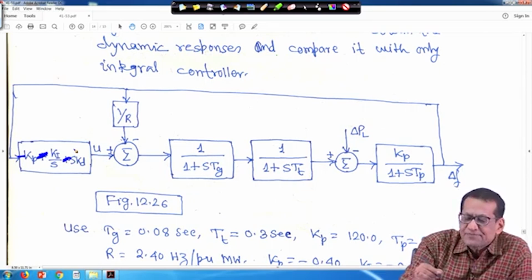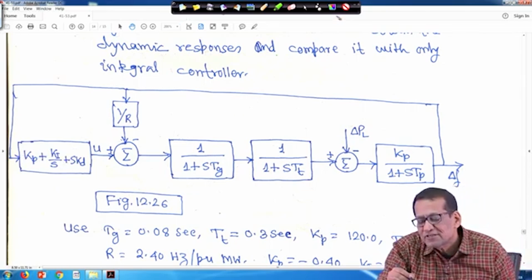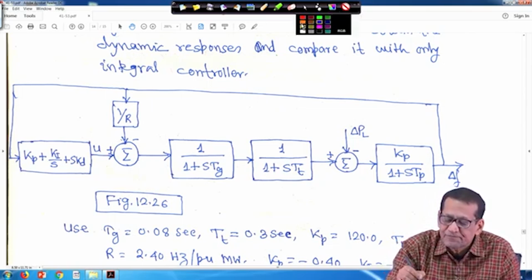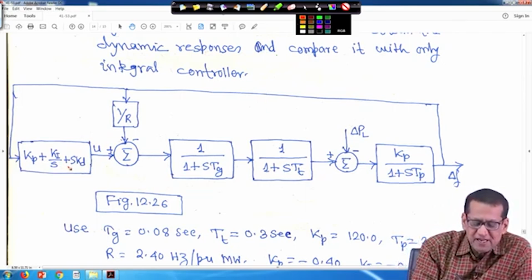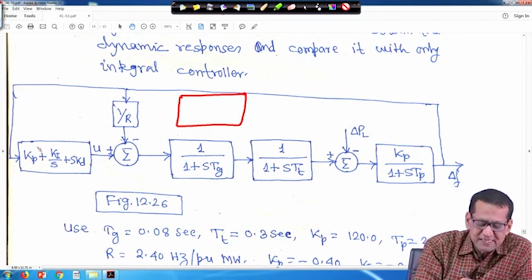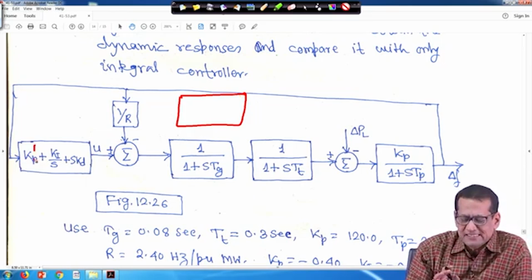So, the question is how we will do this. Here, this is your Kp, and suppose you have a PID controller, say Kp dash plus Ki upon S plus S Kd, say plus is there, it does not matter.